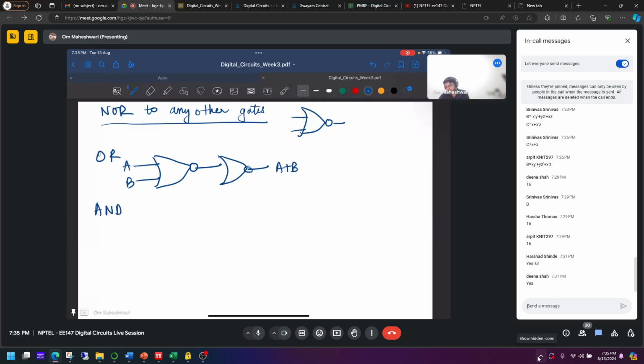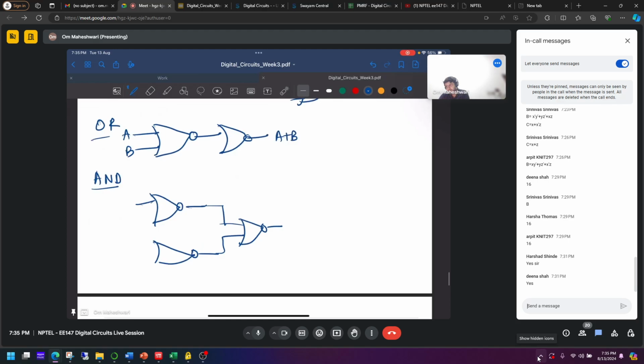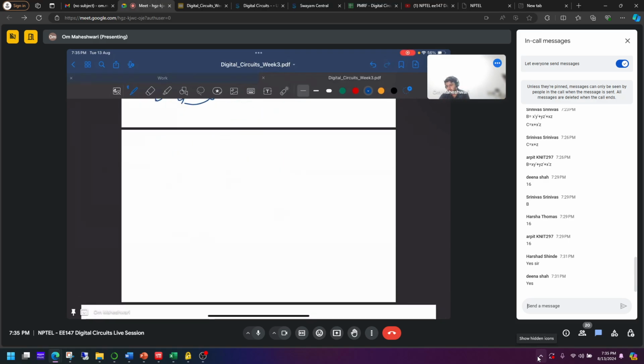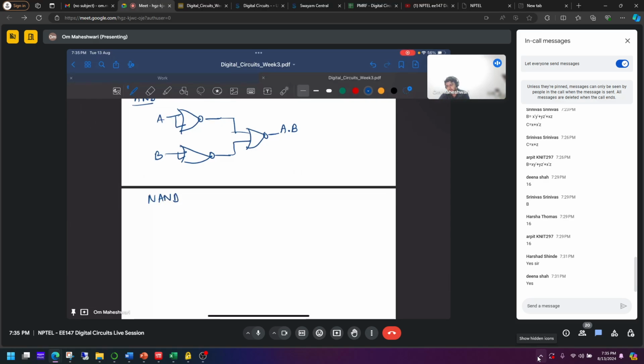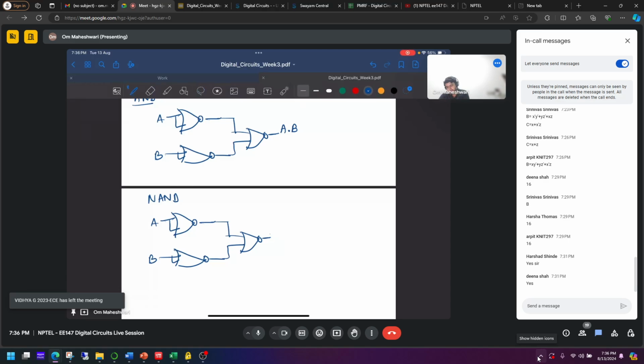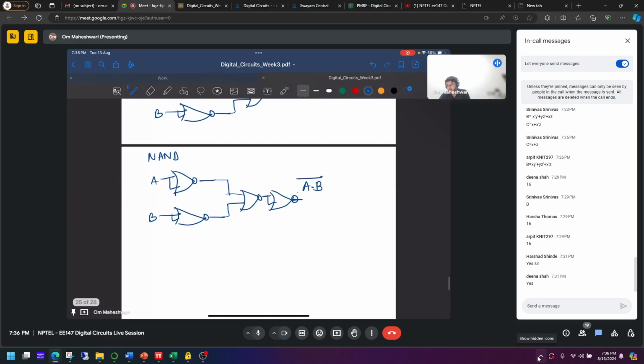To make AND gate, this AND. You have NAND. NAND is simply AND gate. You put another at the end. Then you have XOR and XNOR.